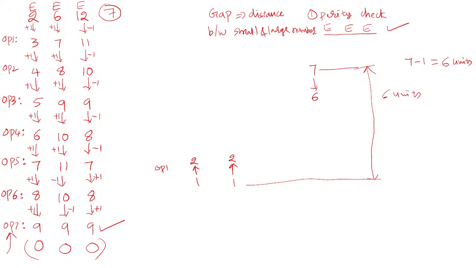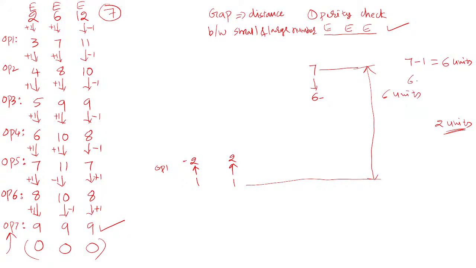Now after performing one operation, how many units of gap are reduced? See here, this number came up by 1 and this number came down by 1. So 1 unit reduced here and 1 unit there, so a total of 2 units of gap is reduced in one operation. After one operation, this becomes the largest number and this becomes the smallest number.